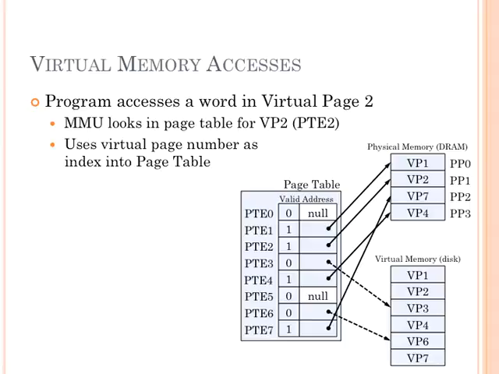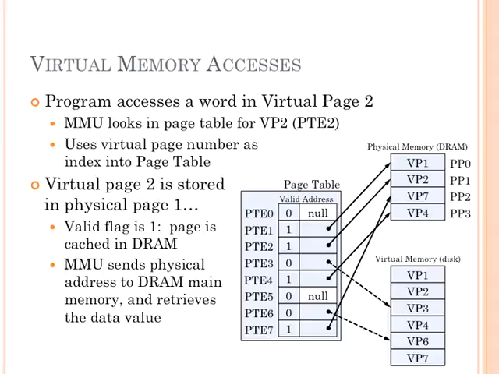The MMU can handle it all by itself. It doesn't need any intervention from software at all. It can just go. It's going to be as fast as possible. So it just translates that out to physical page 1, if I can follow pointers correctly. Yeah, and so the MMU sends out physical page 1 with the virtual page offset attached, and then it just does the memory access. And we're done. Super simple.